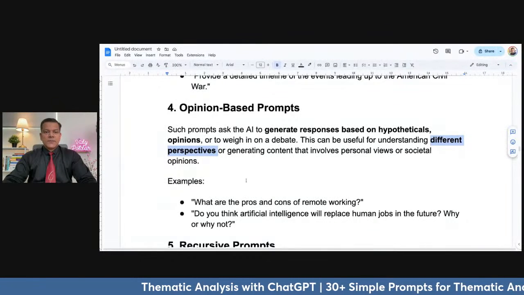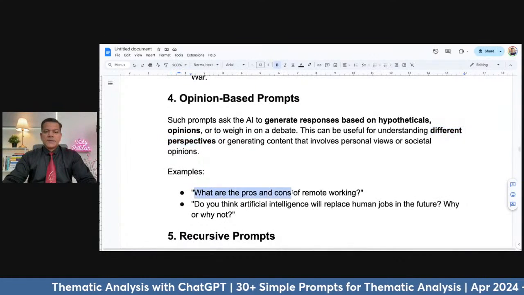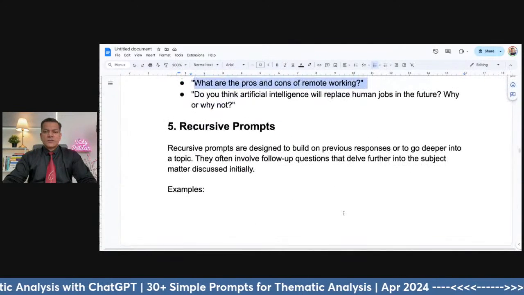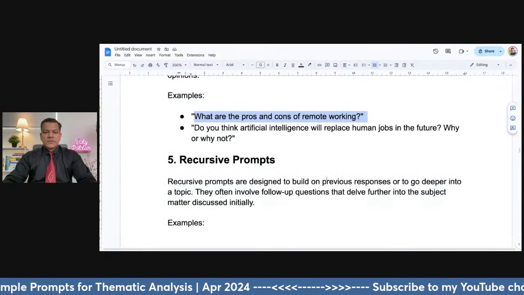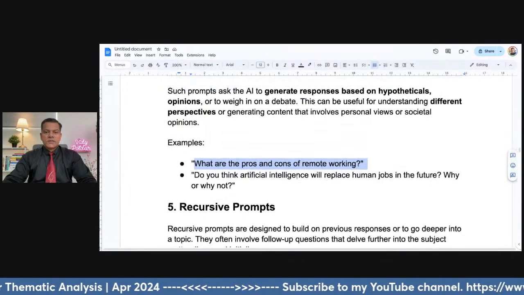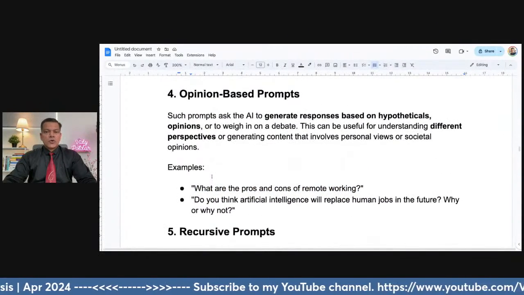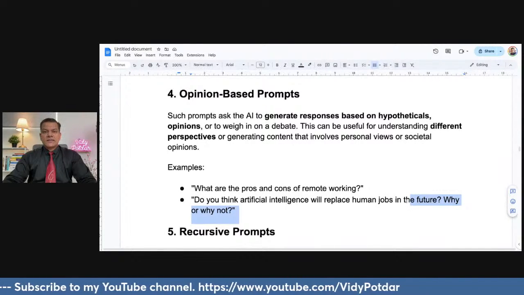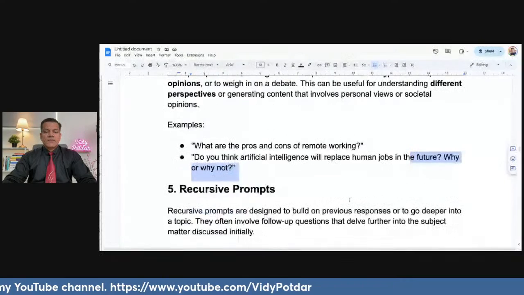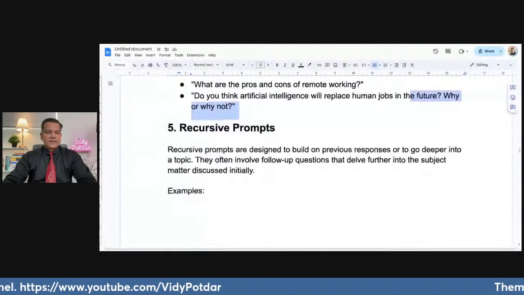Examples are: what are the pros and cons of remote working? Do you think AI will replace human jobs in the future? Why or why not? There is no yes or no answer in such situations, because we are asking for some opinion, and this kind of thing can be useful even when we are doing a qualitative analysis.